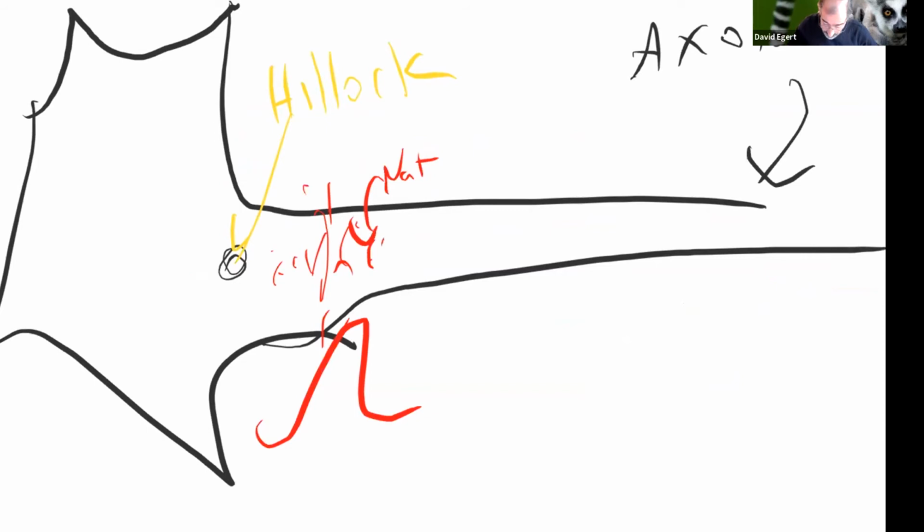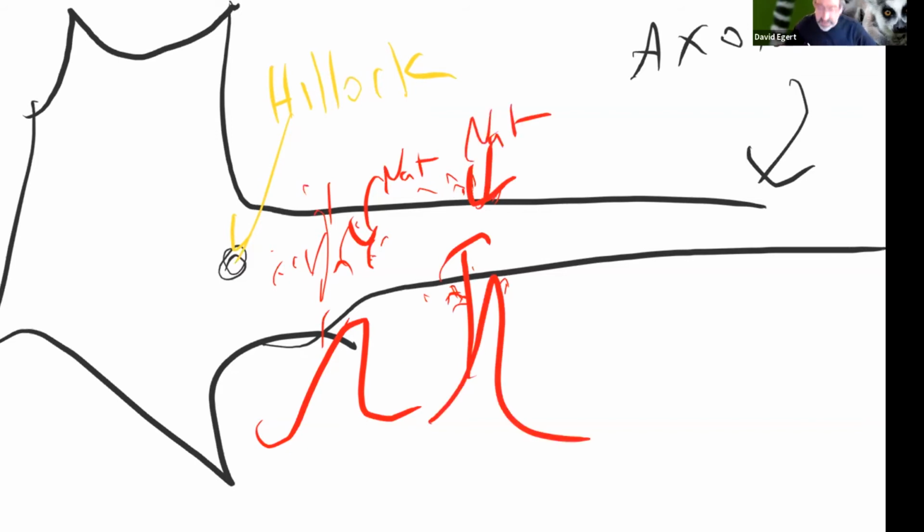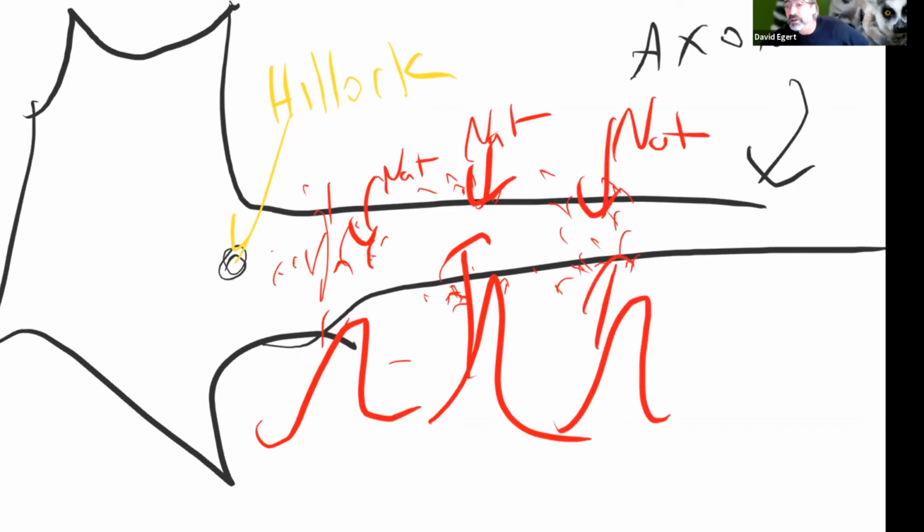But as that's happening, the next little part of the membrane is becoming more positive, which means the sodium channels there are going to open, which means sodium is going to rush in there, which means now this part is going to have that action potential happening. But as that's happening, the next little part of the membrane is becoming more positive, and it's going to open up the sodium channels there. The sodium is going to rush in there and create the action potential, which is now over here.